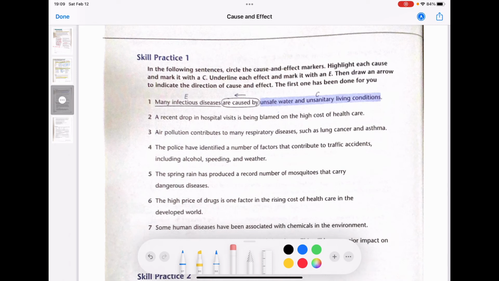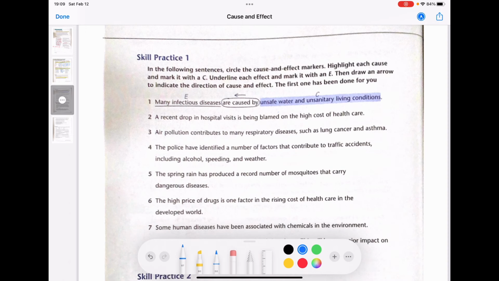So many infectious diseases is the effect, and unsafe water and unsanitary living conditions is the cause. Think about what happens first and what happens second. In order to have these infectious diseases, we first have to have unsafe water and unsanitary living conditions. So that tells me that that's the cause, because that has to come first.